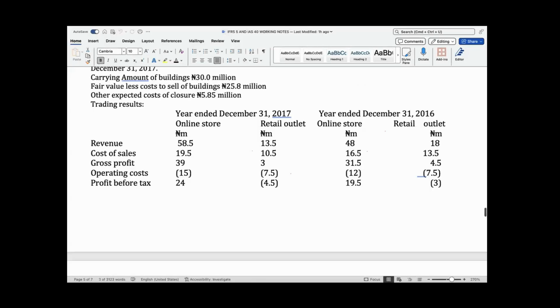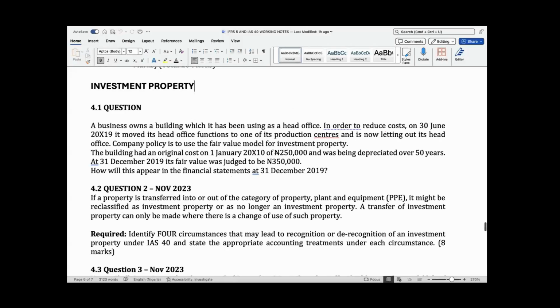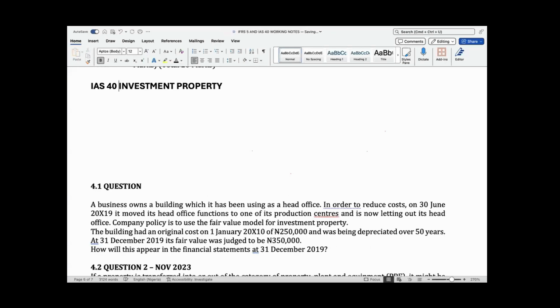Now, today, we are looking at IAS 40, talking about investment property.